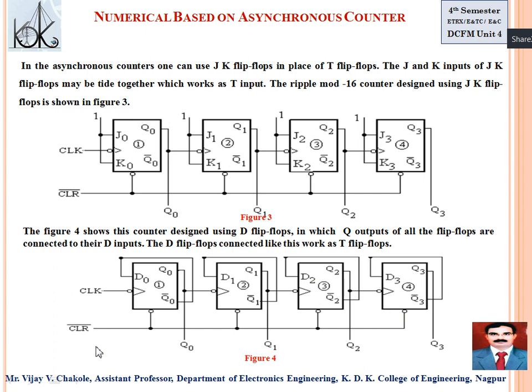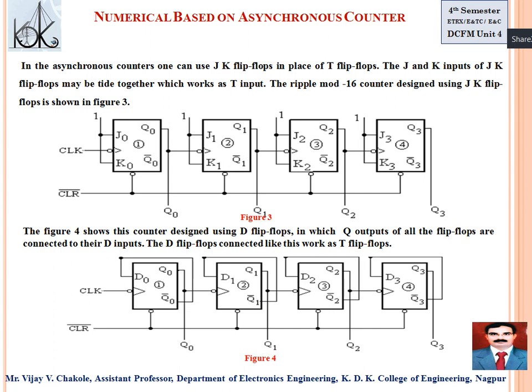And the remaining part is the same. Clock is negative edge, output taken from Q, and cascade is Q. So this combination gives you an up sequence. Here the input is again feedback of output, so this gives you an up sequence with the help of D flip-flop.